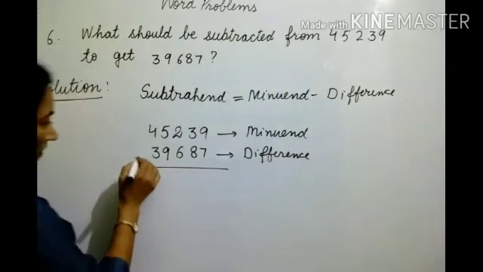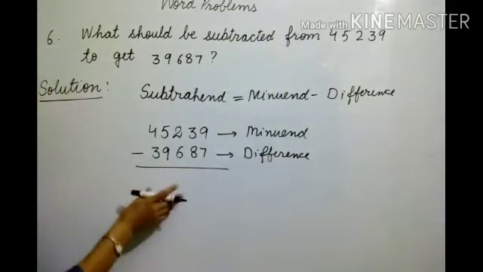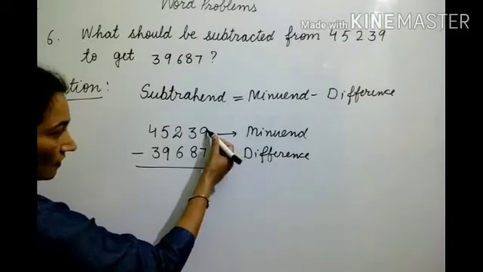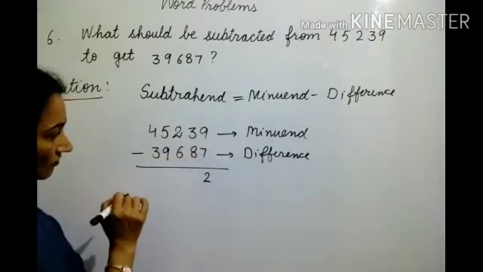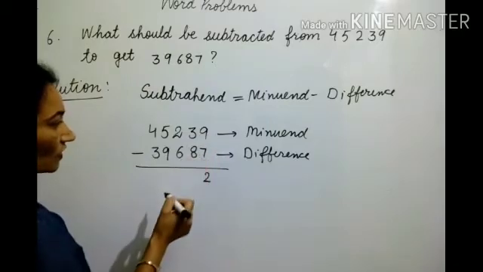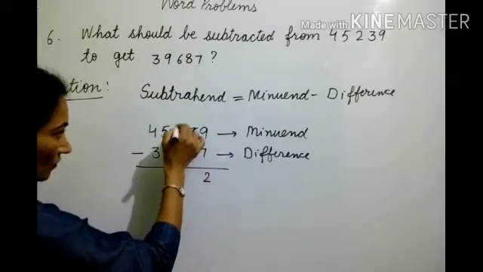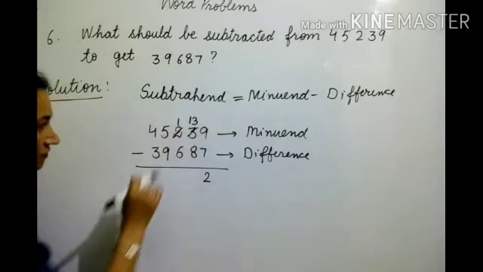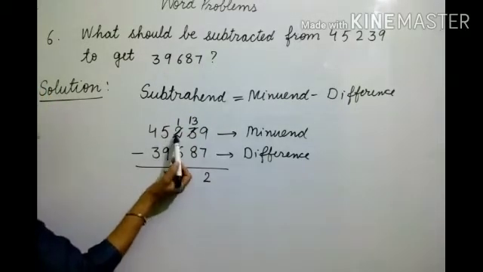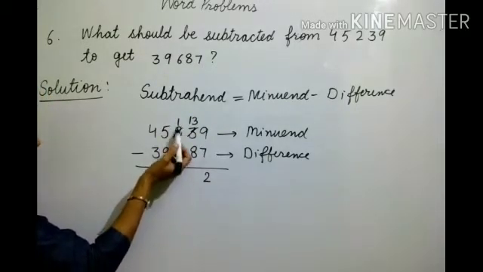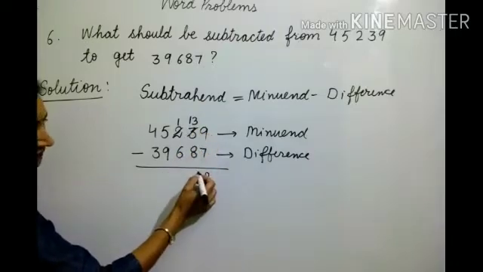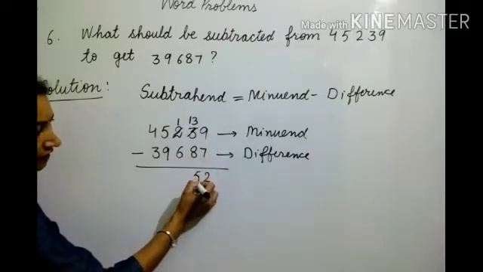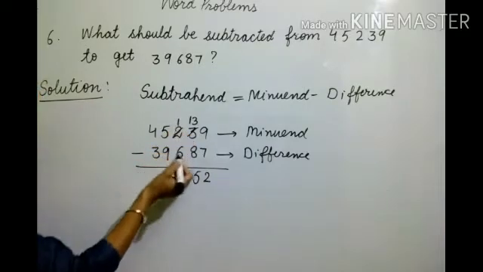Now we will subtract and we will find subtrahend. 9 minus 7, 2. 3 minus 8, we cannot do as 3 is smaller than 8. So it will take borrow from the next place digit. Here again 1 left. First we will subtract 13 minus 8. 5. Now 1 minus 6.